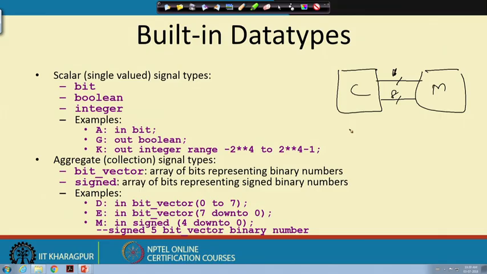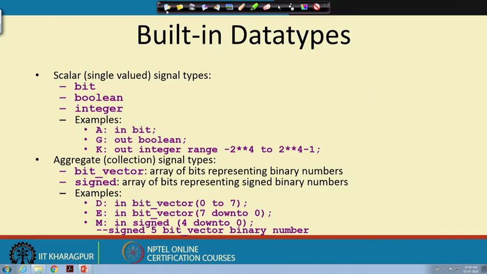So, instead of treating them as individual bits, it is better to treat them as a vector. That is the bit vector, a collection, an array of bits representing binary numbers. It can be signed, an array of bits representing signed binary numbers.